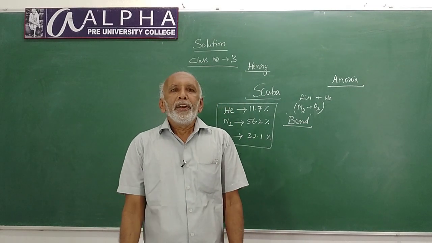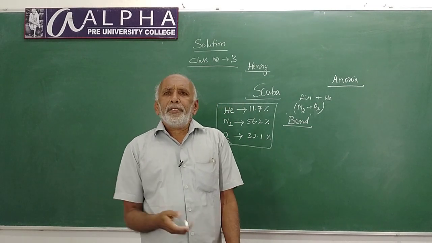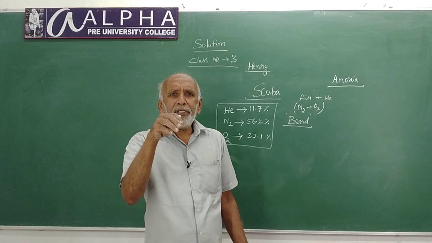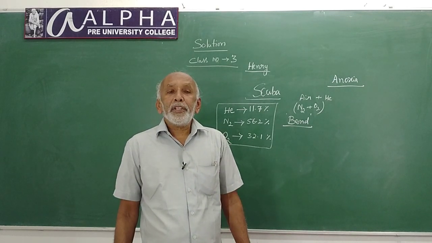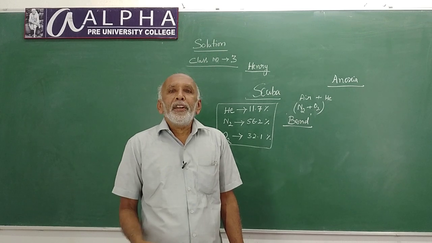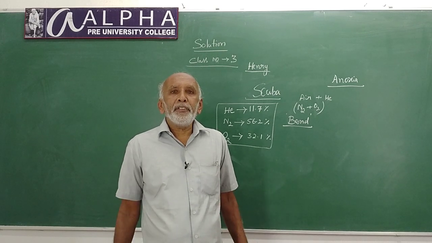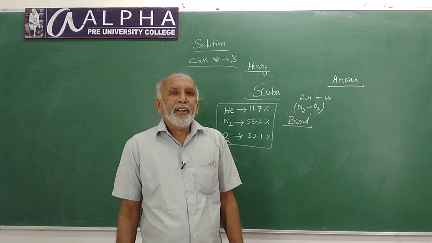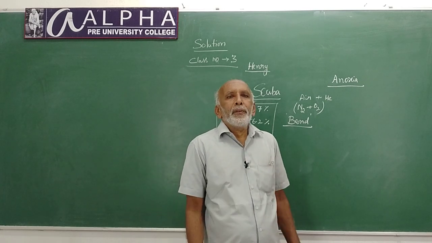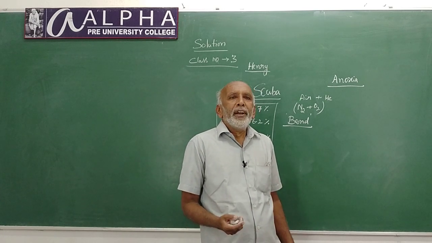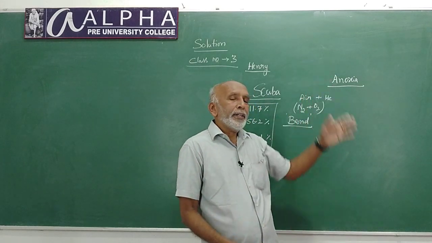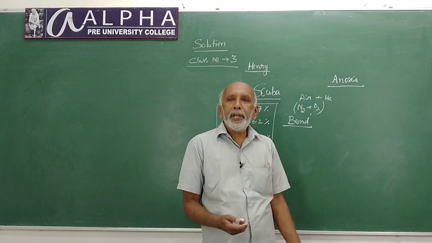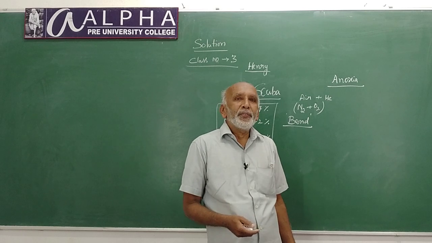Anoxia is deficiency of supply of oxygen to the brain, which causes loss of activeness, breathing problem, weakness, etc. See, at high altitude, pressure is very low.